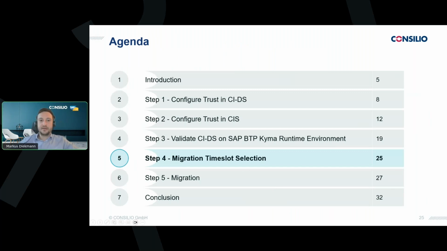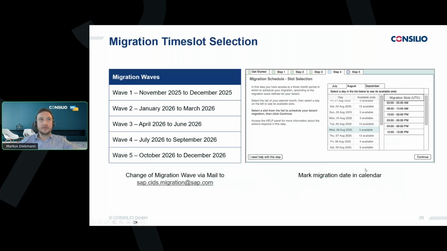Step 4 is the migration time slot selection, where you have to select your migration date. Every one of you got a mail from SAP where you were assigned to a migration wave. What do these migration waves mean?